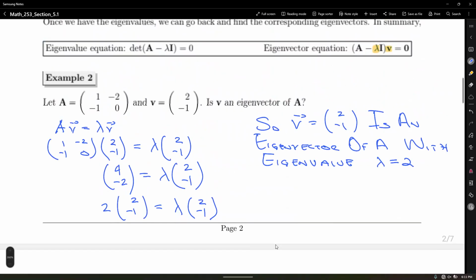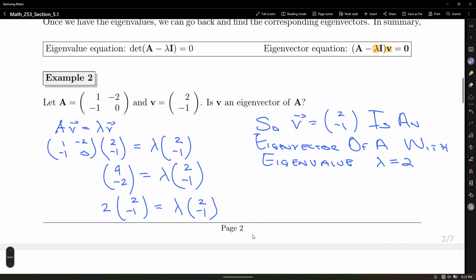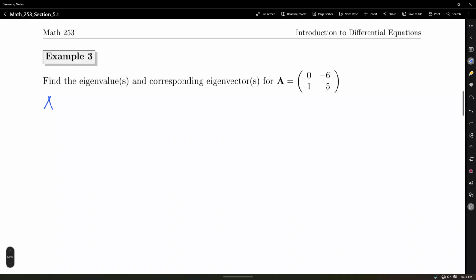First of all, solve the eigenvalue equation. So first, let me define the matrix A minus lambda I. A is [0, 1; -6, 5], minus lambda times I, the identity matrix.